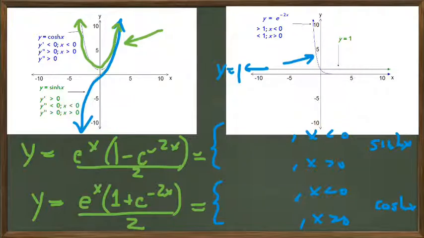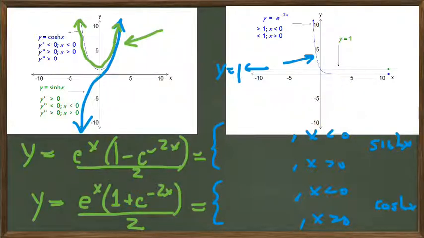We're looking at the function sinh x and the function cosh x. We factored e to the x out of the numerator for both of them, and when we do that, for sinh x we get 1 minus e to the minus 2x, and for cosh x we get 1 plus e to the minus 2x.